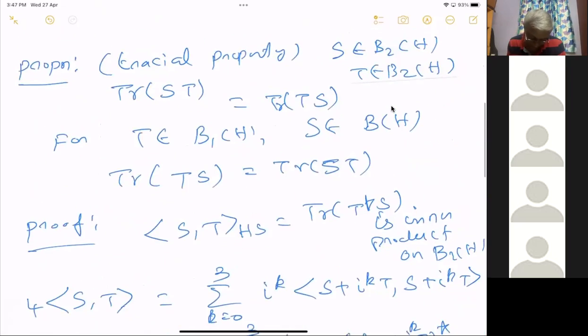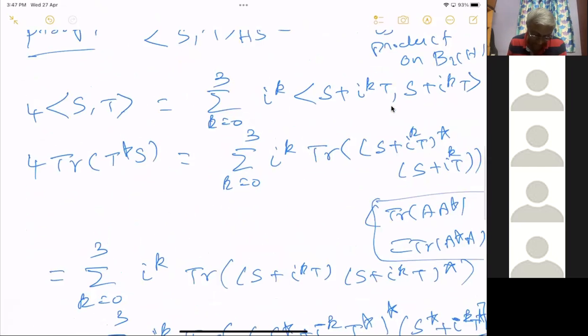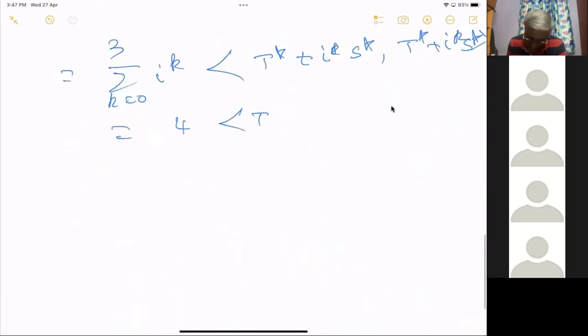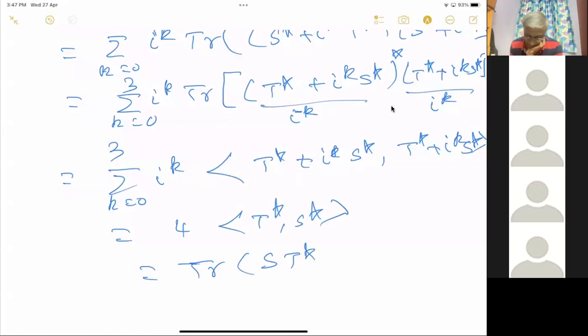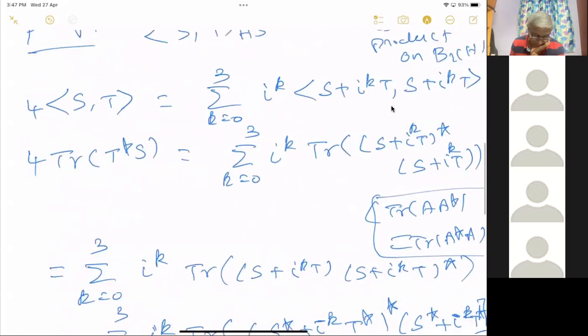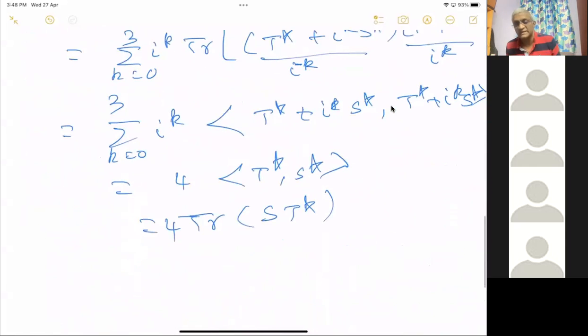The inner product is defined as, we started with inner product ST. So now this is T star S star, trace of ST star. 4 times. So we started with trace of T star S, and we have got trace of ST star.